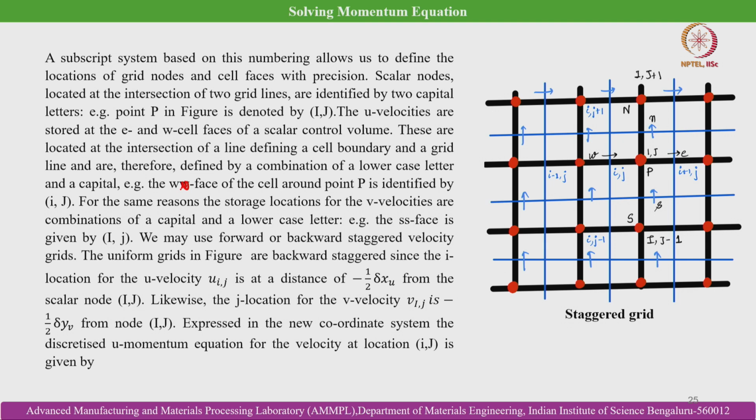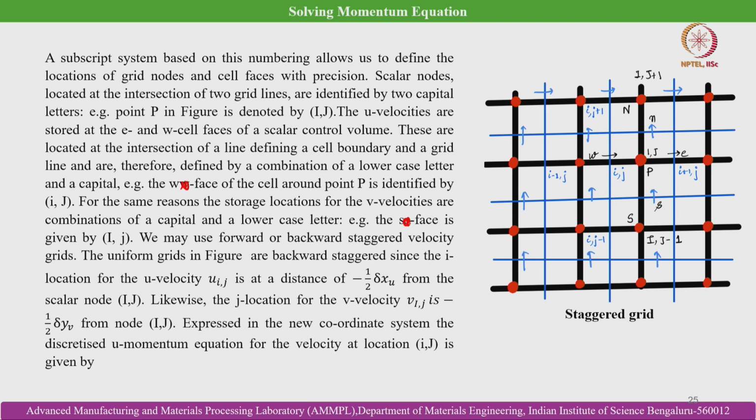Here this i will be a small i basically. For the same reasons, the storage locations for the v velocities are combinations of a capital and a lower case letter, that is the south face is given by capital I small j. We may use forward or backward staggered velocity grids.